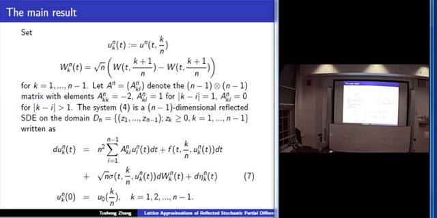Okay? So if we define, for each n, an (n-1) by (n-1) matrix, where the elements on the diagonal are -2, the neighboring ones are 1, and otherwise 0. Okay? So this is a matrix, with -2 on the diagonal and 1 next to it. It's (n-1) by (n-1).